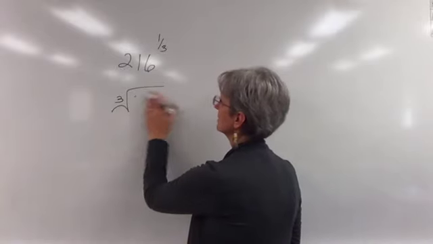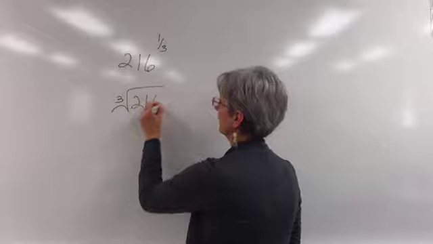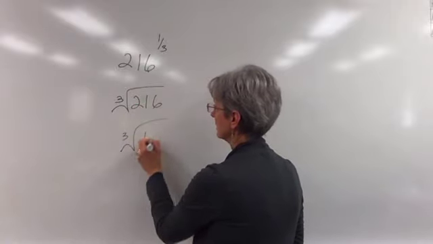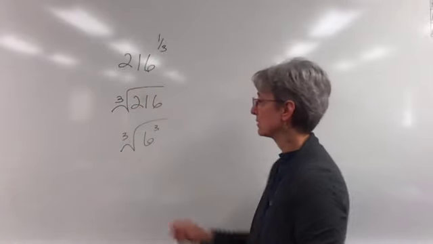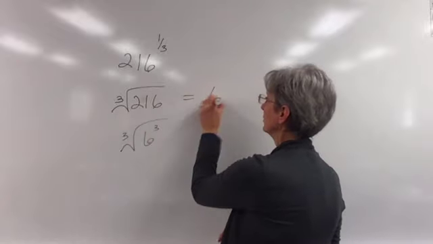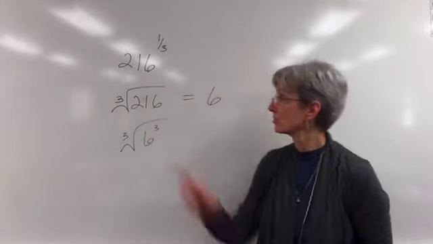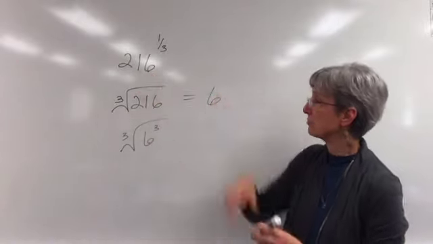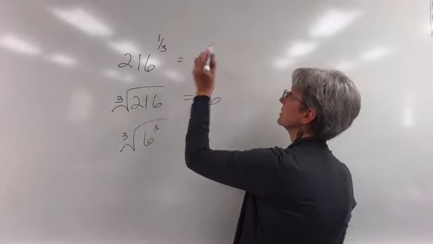This is 6 cubed. The cube root of 6 cubed, and so therefore I can bring my 6 out, and this equals 6. So 216 to the power of 1/3 equals 6.